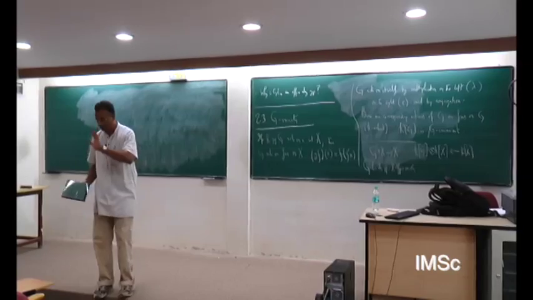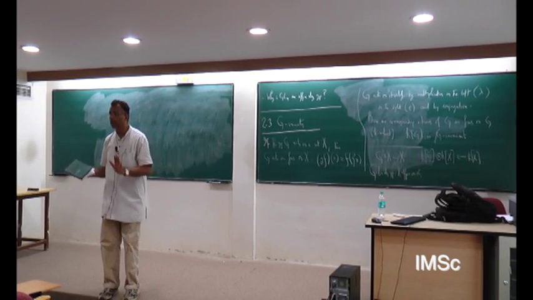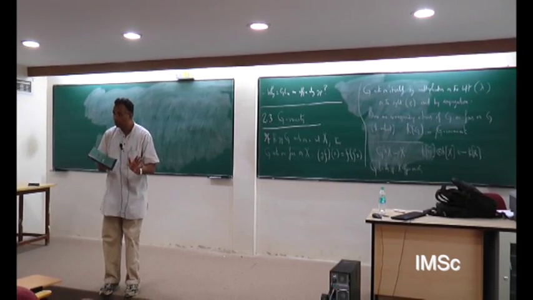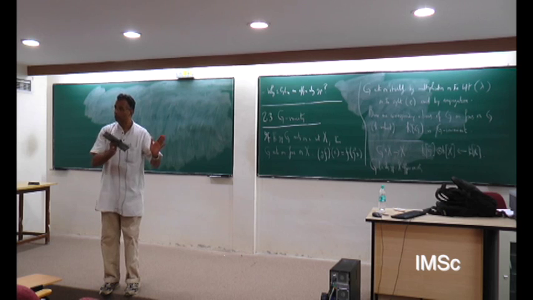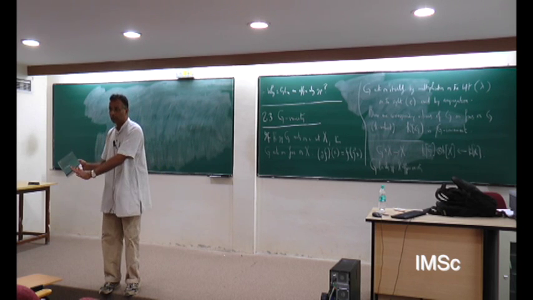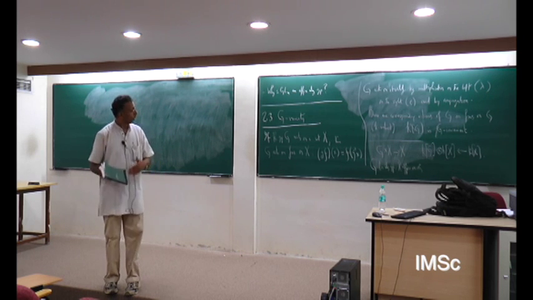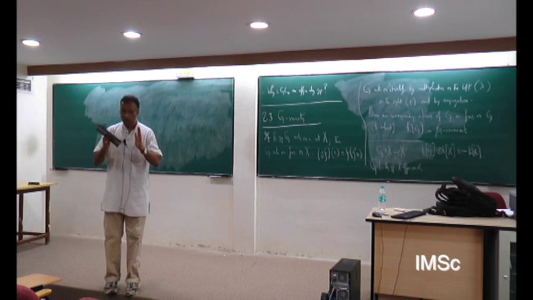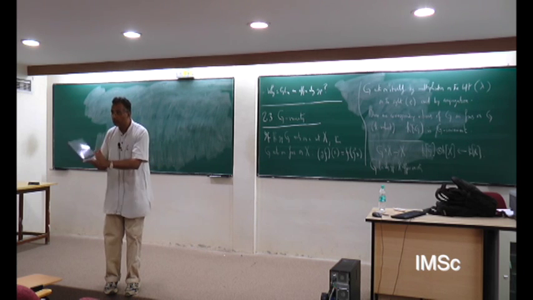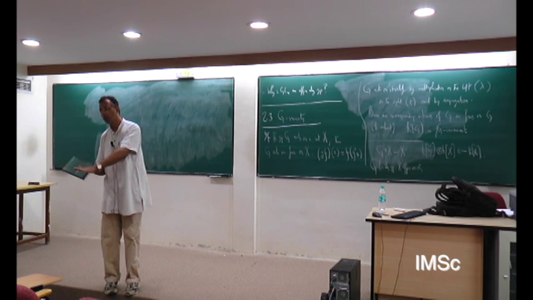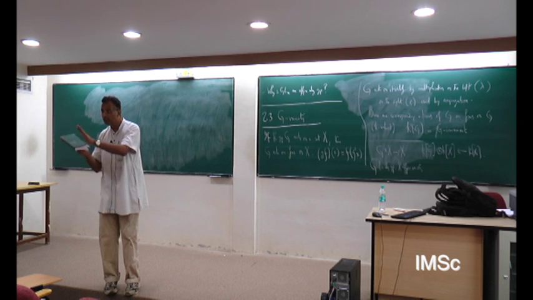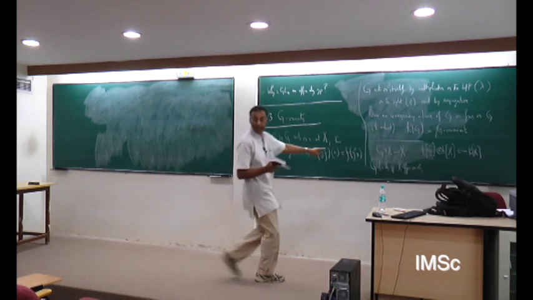So in general, it is true that there is an action of G on K[X]. To repeat, the abstract group G acts on all functions and it leaves the polynomial functions invariant. And the reason for that is because this is a variety map.